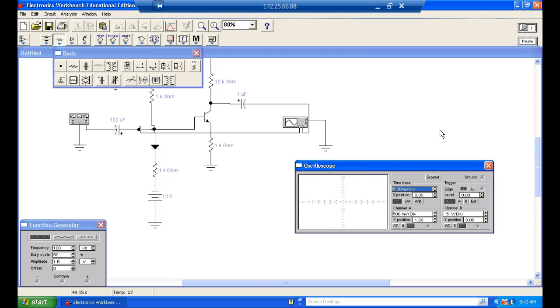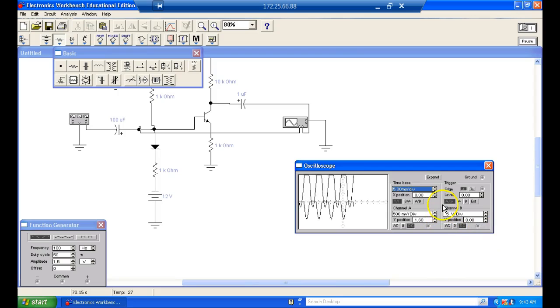So this should be a Class B amplifier. Hard to see. But what we had to do is bias it. I don't know if I can invert one of my channels. Let's see.